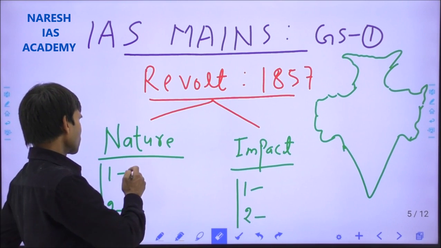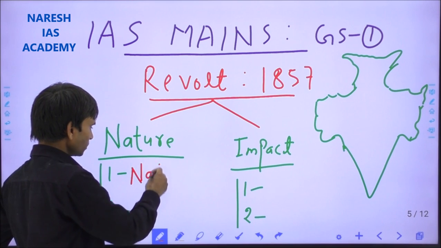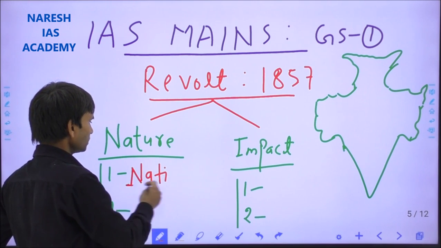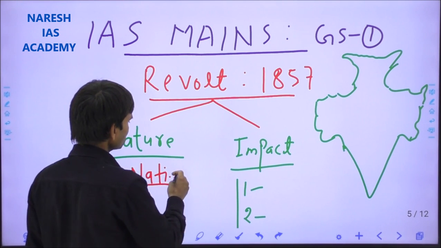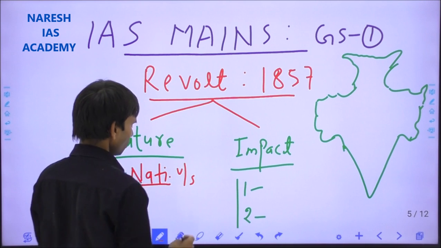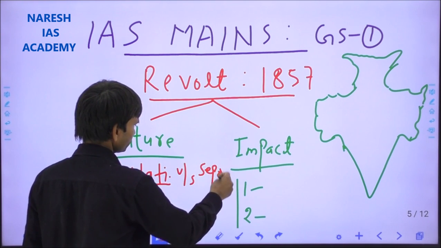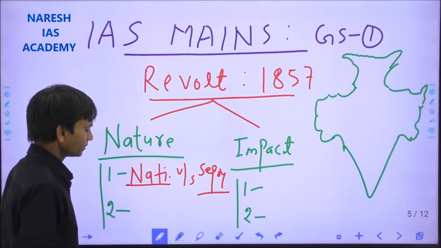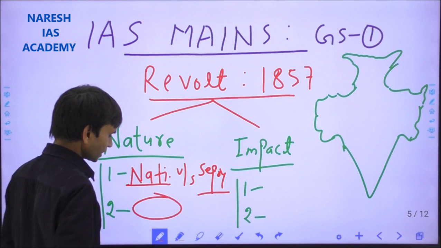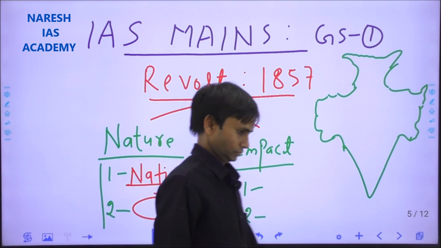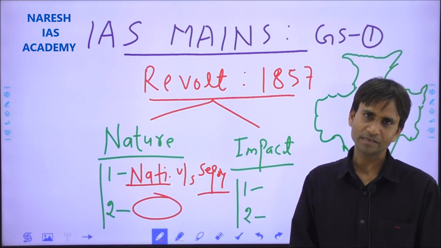First I will discuss the nature. Regarding the nature, we have to discuss mainly 3 aspects. Either it was nationalist in its nature, or simply a sepoy mutiny, or simply a collective aggregate uprising of peasants and tribal movements.